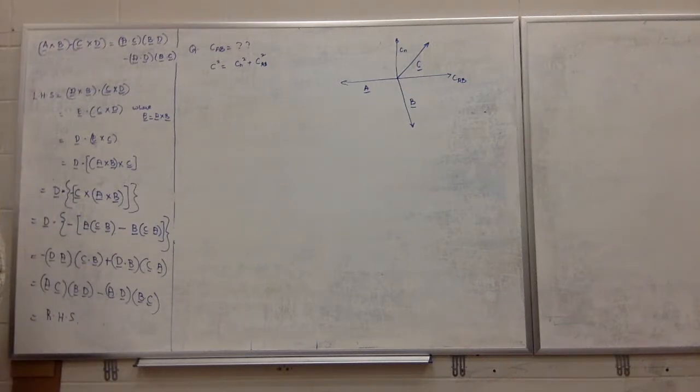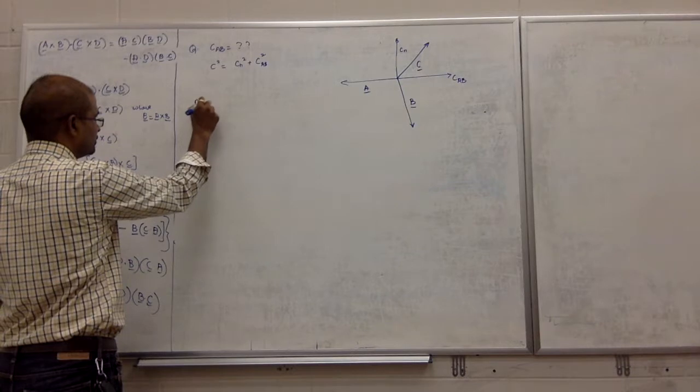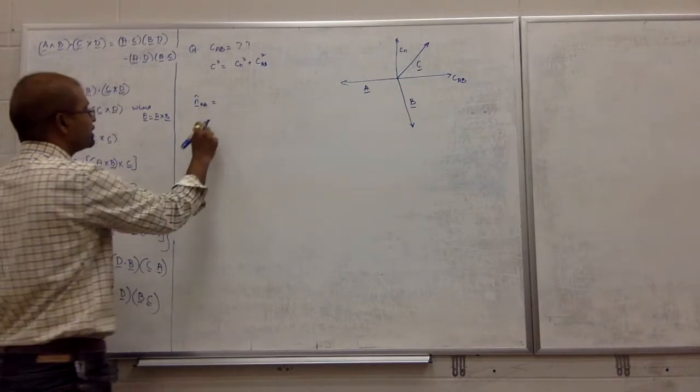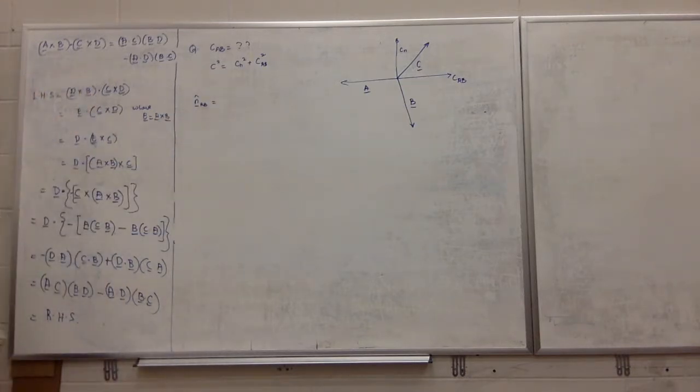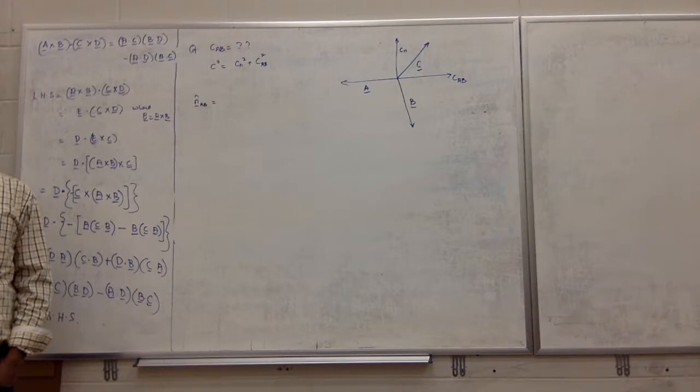If you construct it step by step, this is how you should construct it. How do you get C_n first? What is this vector? This is a vector perpendicular to AB, and the cap means it is a unit vector.